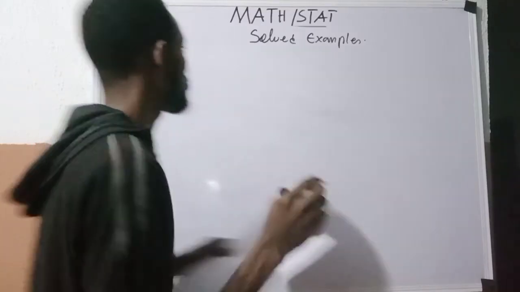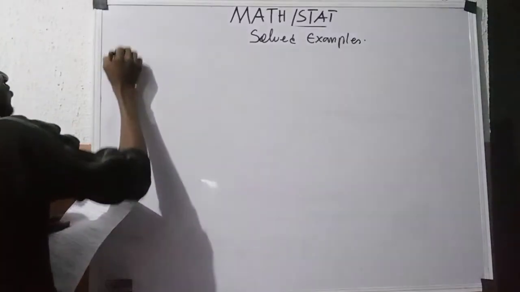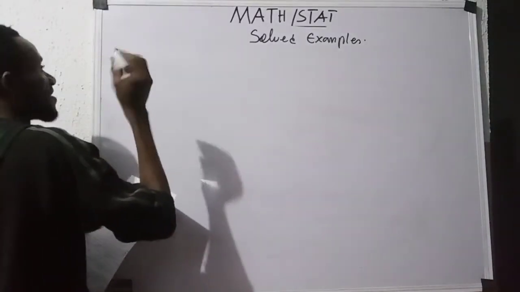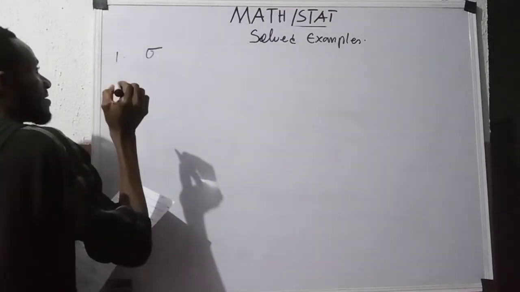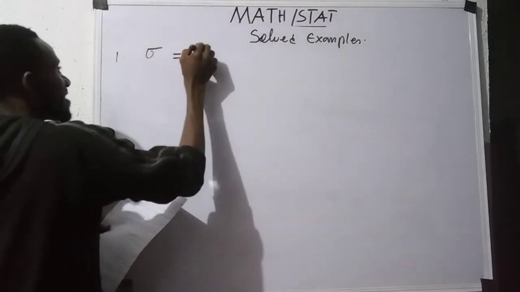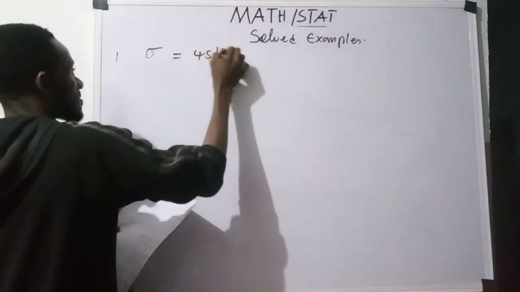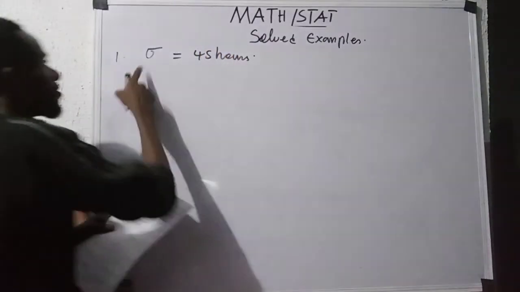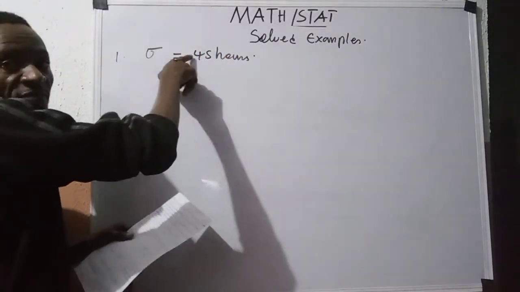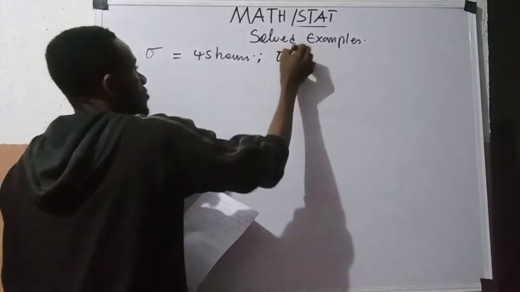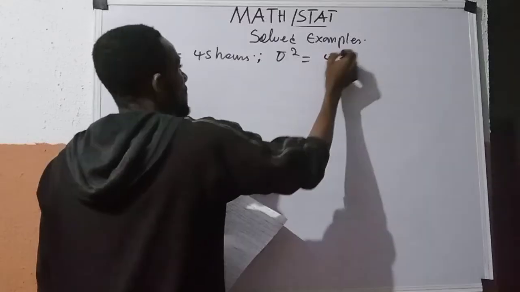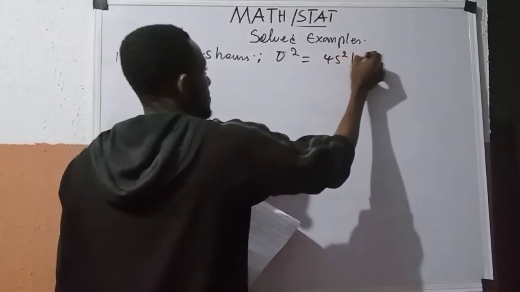So I will now come here under this number 1. The standard deviation, of course, is talking about sigma, and they say that sigma is 45 hours. And know that if sigma is 45 hours, it means that the variance sigma squared is going to be 45 squared hours.